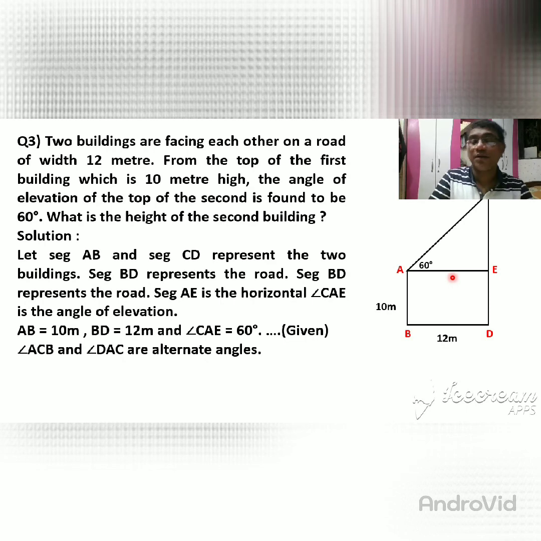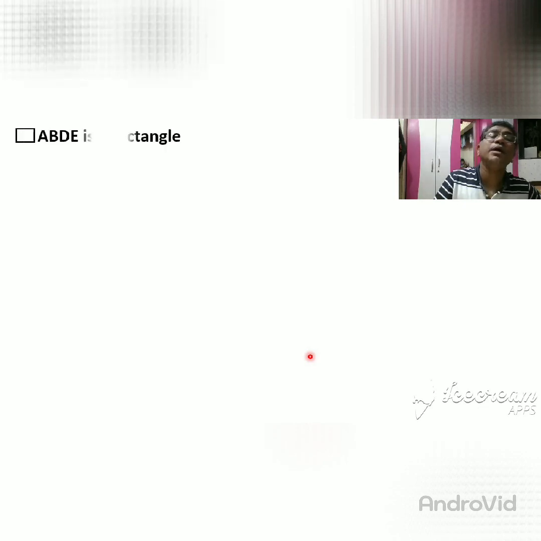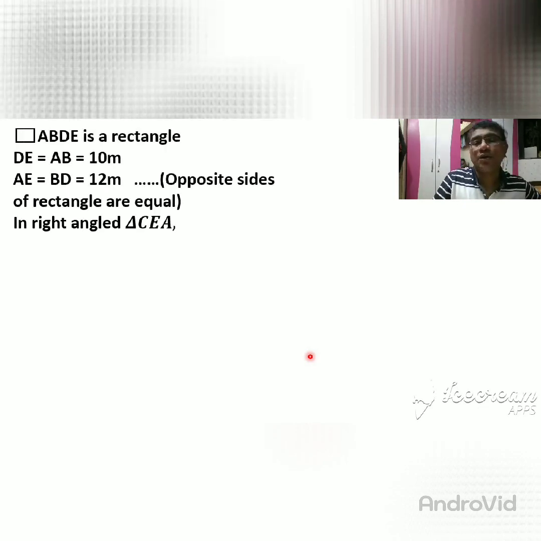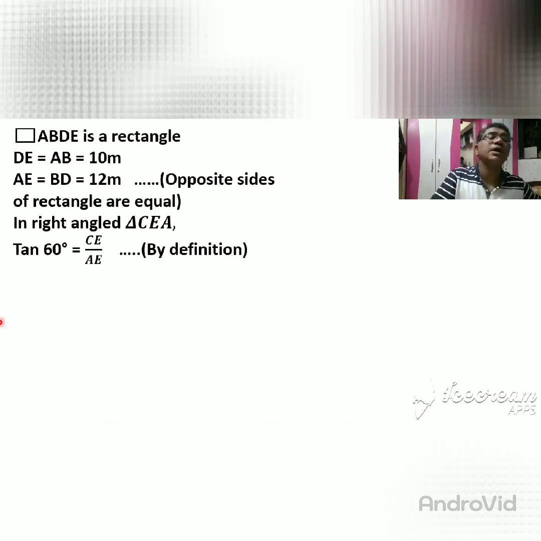See, this is the triangle: here is C, here is E, here is A. This is the triangle CEA. In that triangle, this angle is 60, so the opposite side you want to find out. I hope you understand this. So tan 60 is equal to opposite CE divided by adjacent AE.